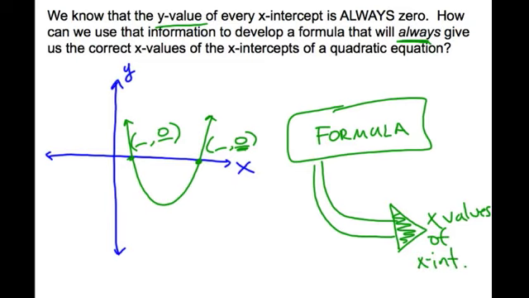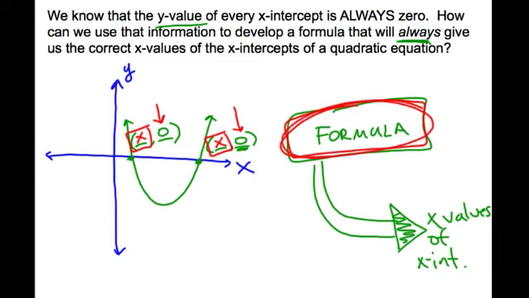Whatever formula we develop, it gives us these values. That's what we want. We want to use the fact that that is 0 and that is 0, always, to develop a formula that always gives us this and that for every quadratic equation.